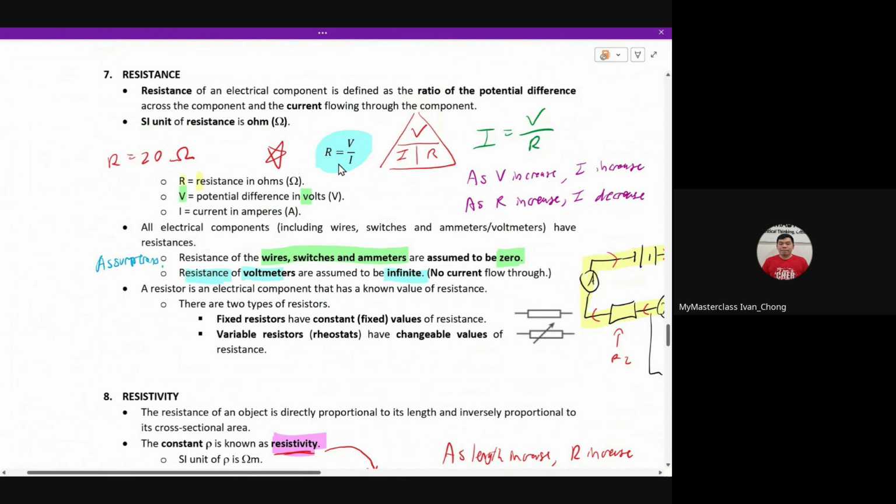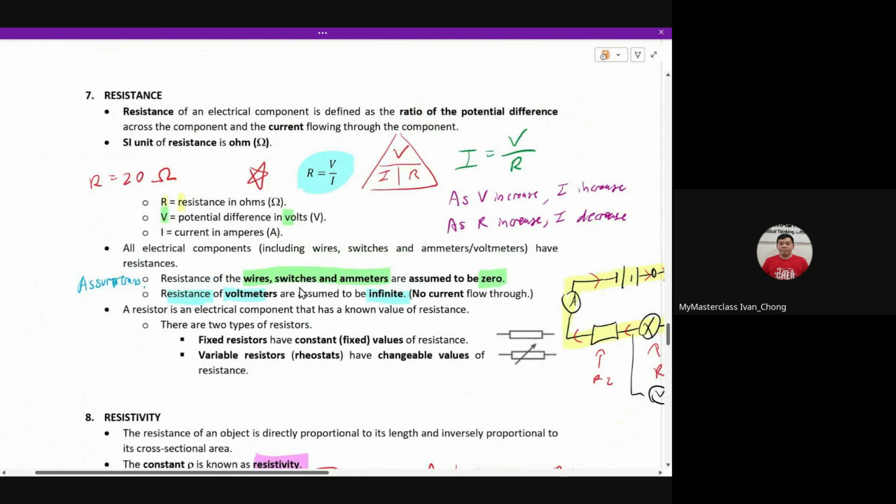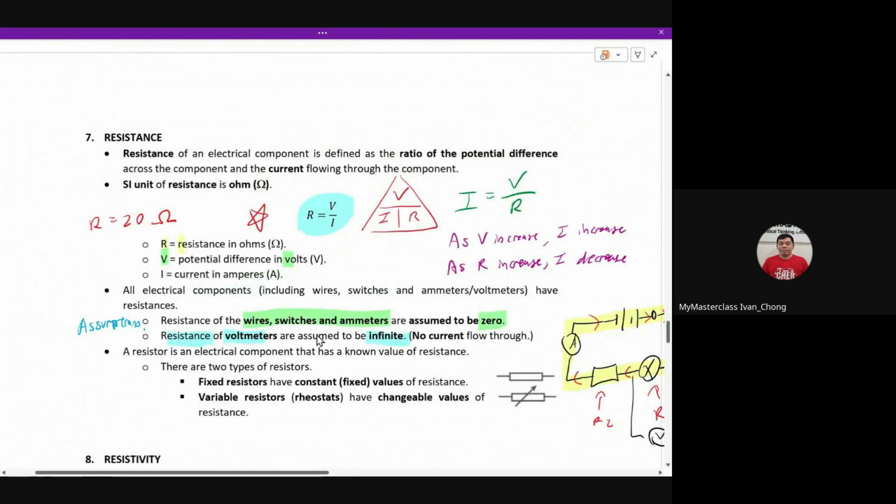That's all. Oh, by the way, I forgot. There's one part about resistance: if you notice, there is no instrument that you can use to measure resistance, correct? Because resistance cannot be measured. It can only be calculated using formula.